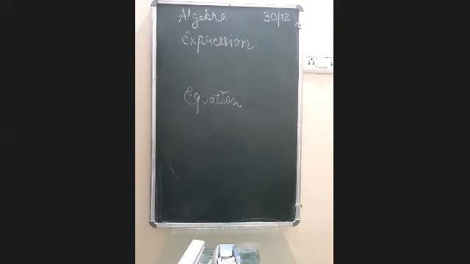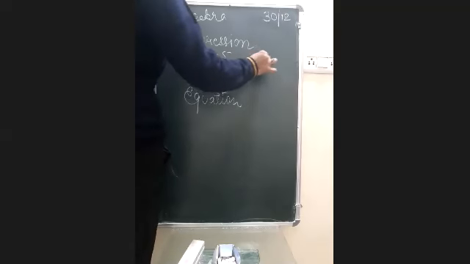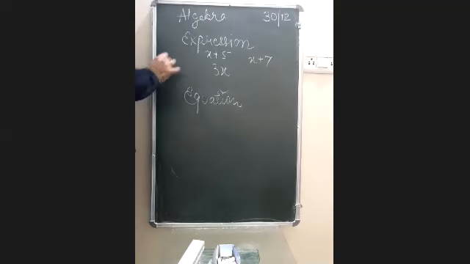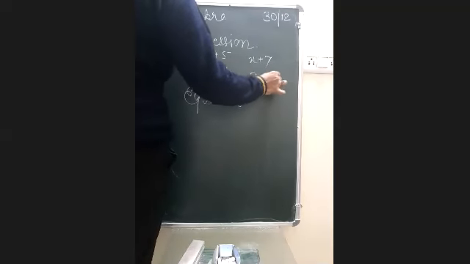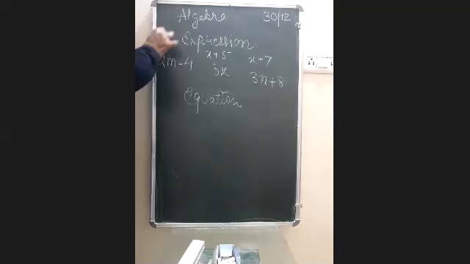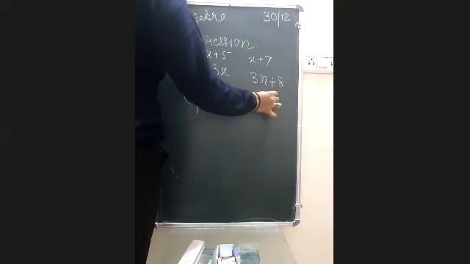So first, if I talk about expression, until now you must have seen that in all the expressions we studied, somewhere it was written x plus 5, somewhere 3x, somewhere x plus 7, 2m minus 4, 3n plus 8, x minus 11.